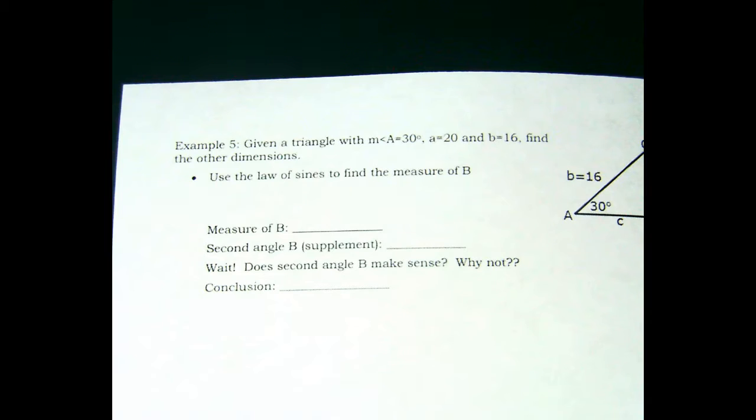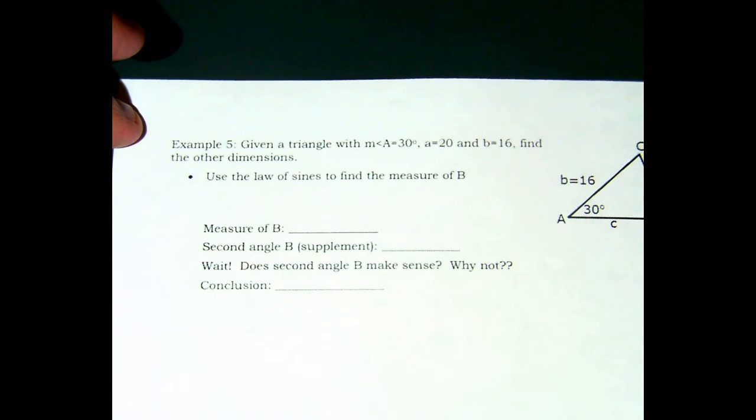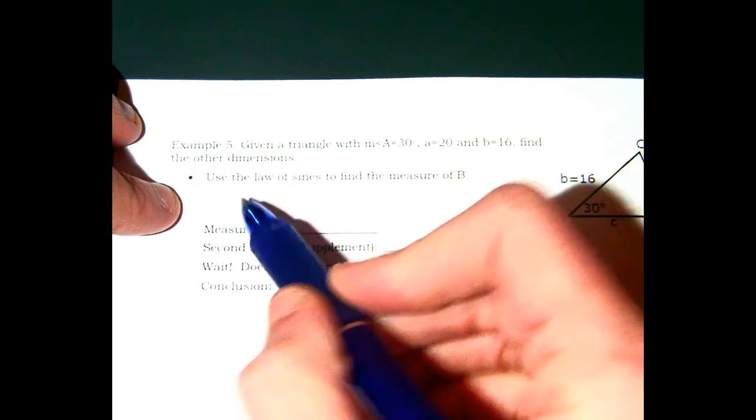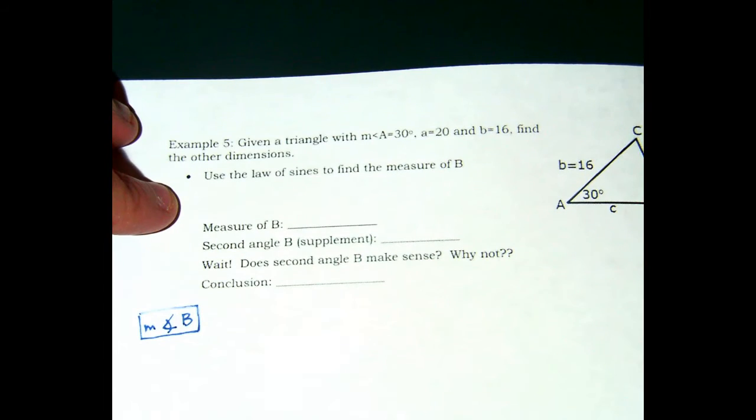Given a triangle with a measure of A, which is 30, a side length 20, a side length of 16, we're supposed to find the other dimensions. So it says, use the law of sines to find the measure of B. So that's what we're going to do first. Now, I think they gave you this space right here to do that. I don't think that's enough room. So I'm going to find the measure of angle B down here. And I have to use the law of sines because I can't just subtract from 180 anymore.